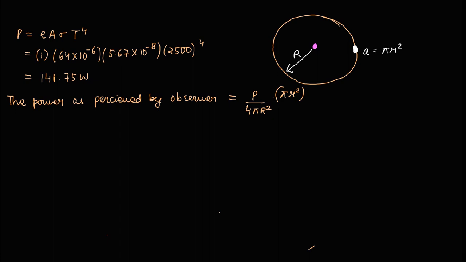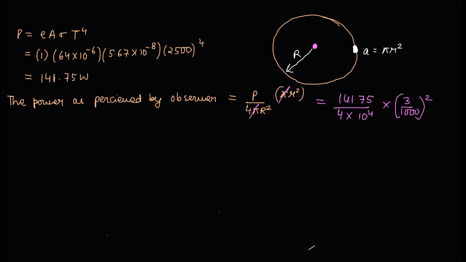So if we solve this simple expression, P is calculated as 141.75 upon capital R, that is 4 into 100 square. So it will be written as 10 to the power 4 into small r, that is 3 millimeter, that is provided to us. So 3 by 1000 in meter square.